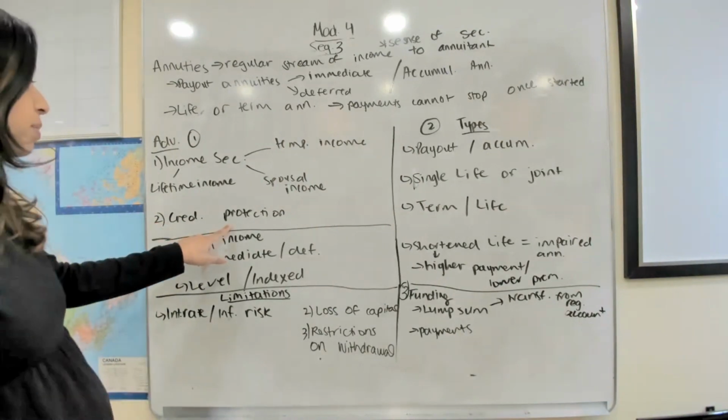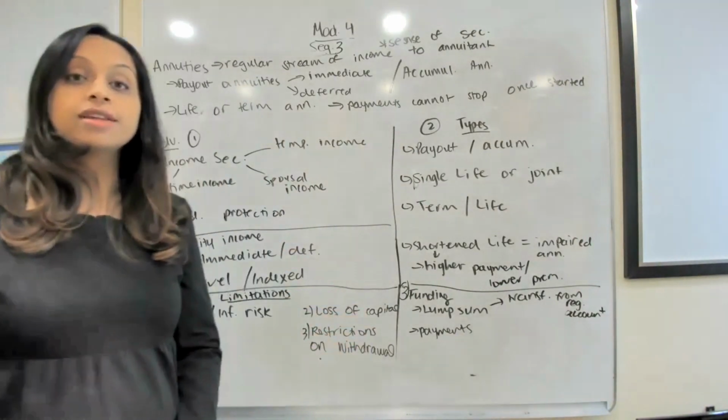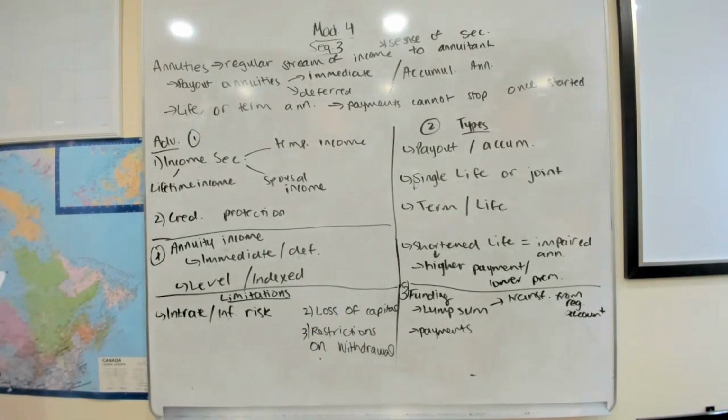There is creditor protection. That's another great advantage and great feature that we see with annuities, if there's somebody who is self-employed or a business owner. For those people, the creditor protection is a great feature.